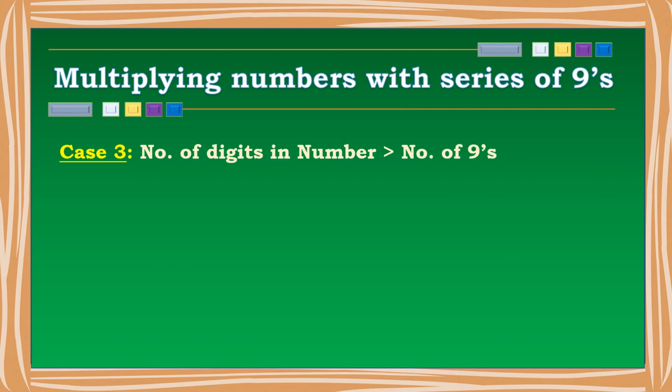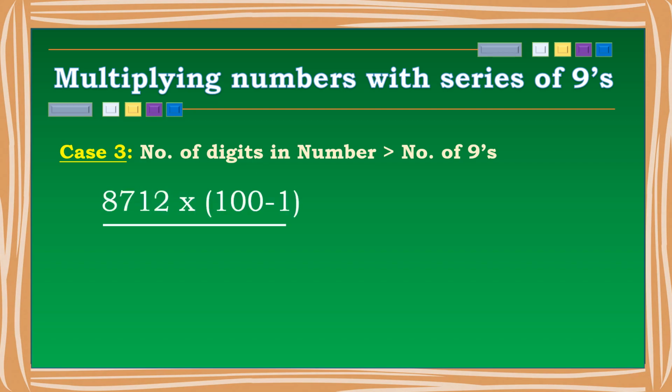Case 3, number of digits in the number is greater than the number of nines in the multiplier. Let's take an example. 8712 multiplied by 99. So here the method is quite different from the previous methods. Here what we have to do is take 99 as 100 minus 1.